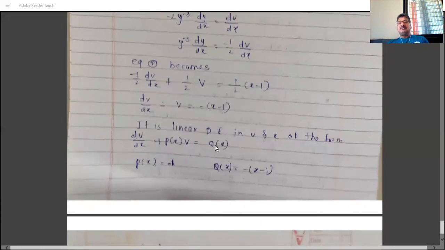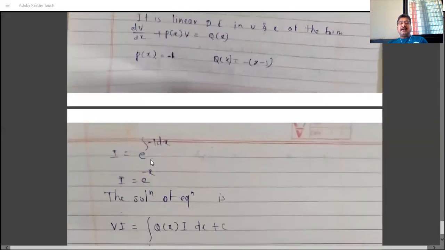Here P(x) is minus 1 and Q(x) is minus (x minus 1).